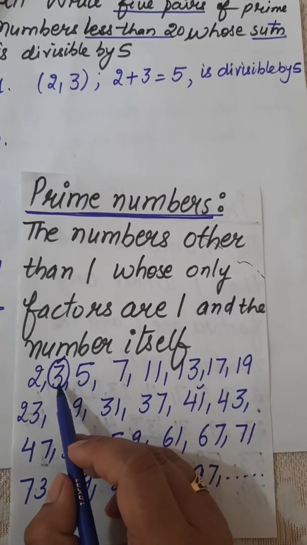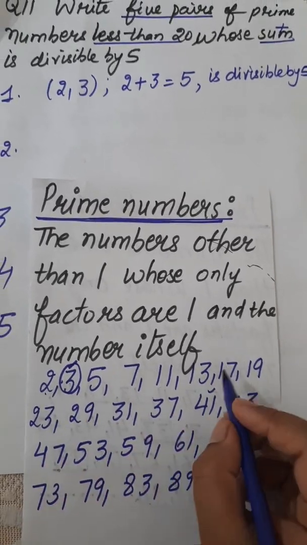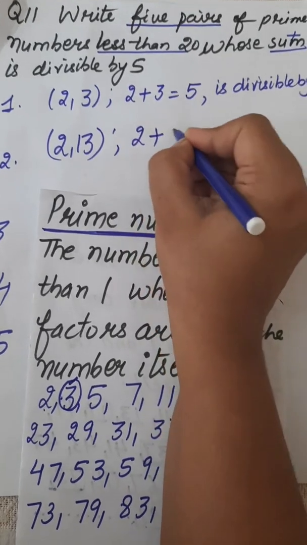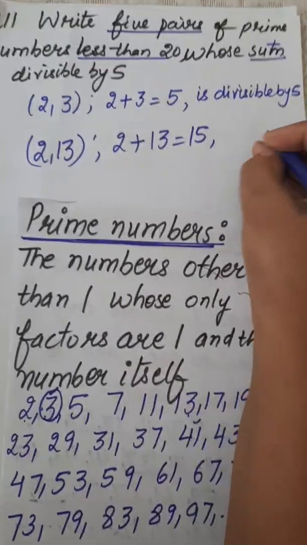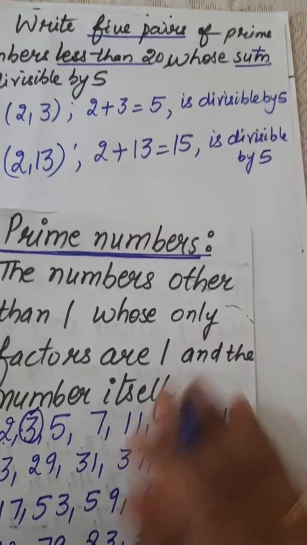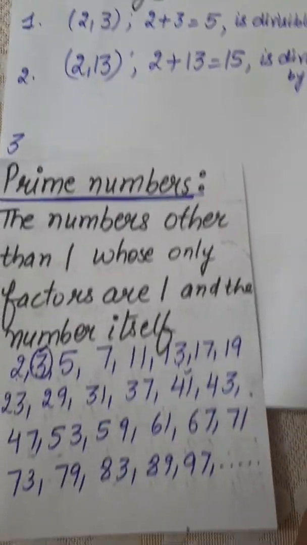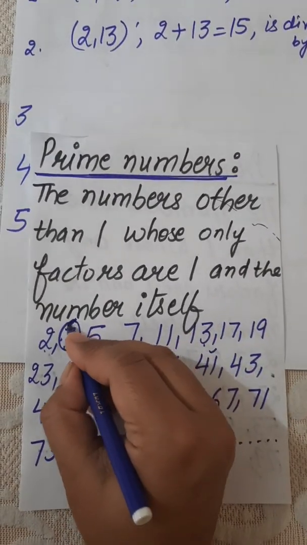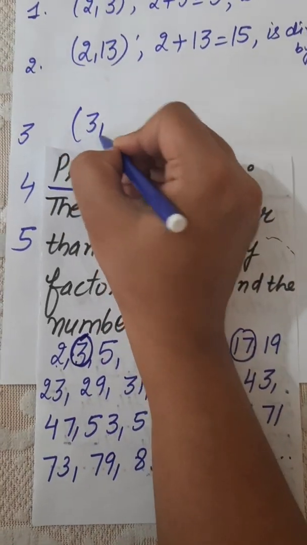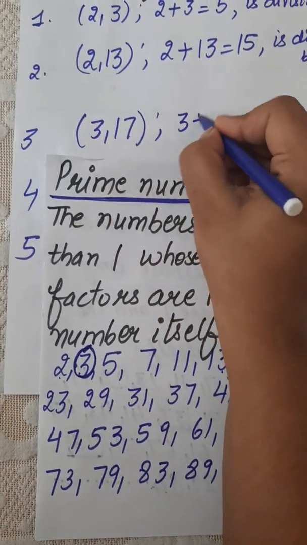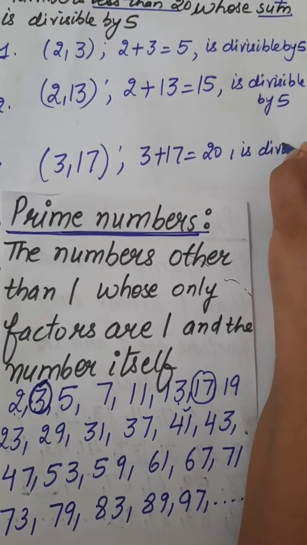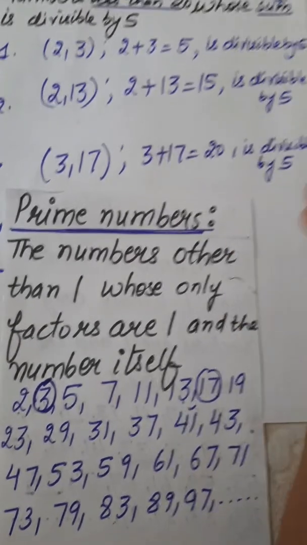Let's take 2 and 13, because 2 plus 13 is 15, and this number is divisible by 5. Let's find another pair. I will take 3 and 17, because 3 plus 17 is 20, and 20 is divisible by 5, because 20 is a multiple of 5.